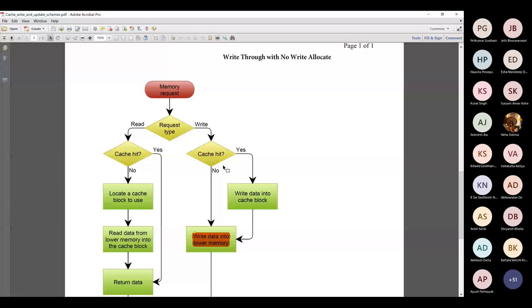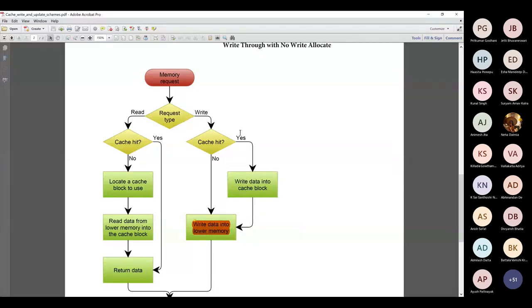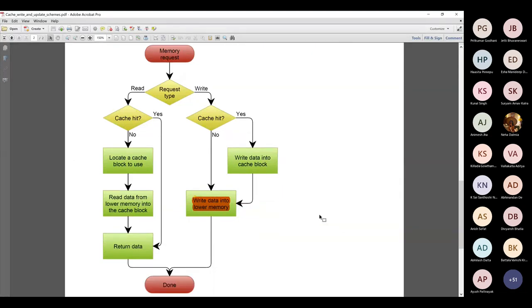If there is a write hit, this takes a lot of time. This arrow, I mean, this is hundreds of clock cycles. What happens if there is a cache write miss? What is a cache write miss? I do not have the block corresponding to memory in my cache.